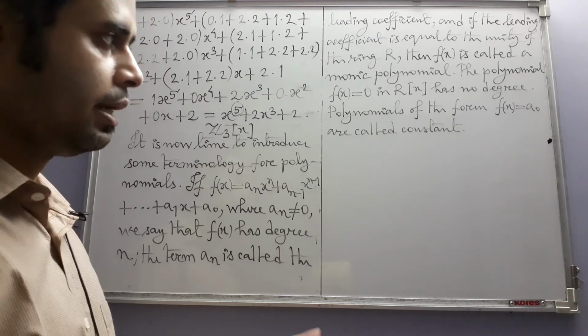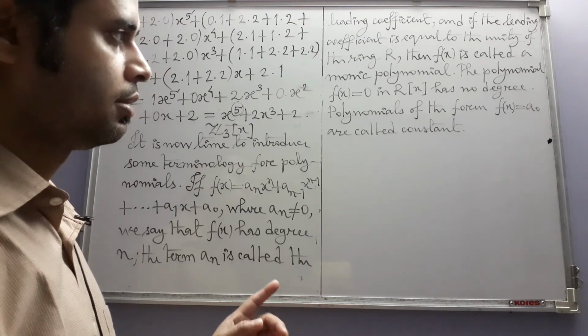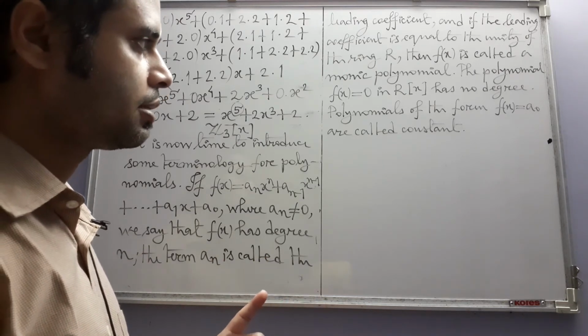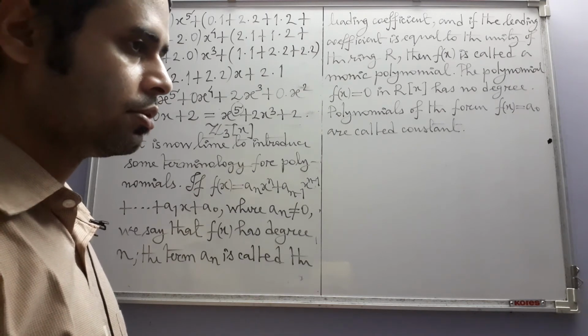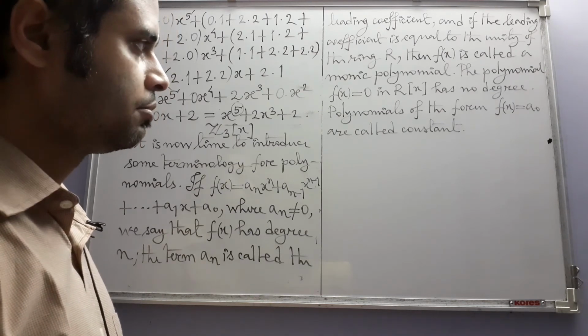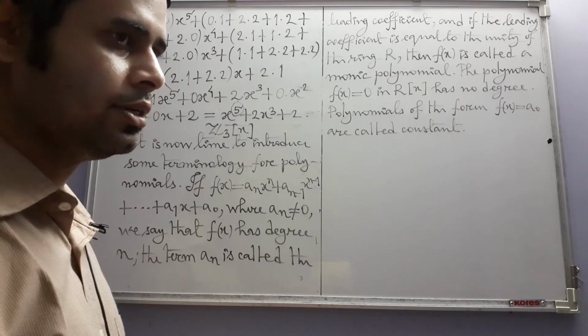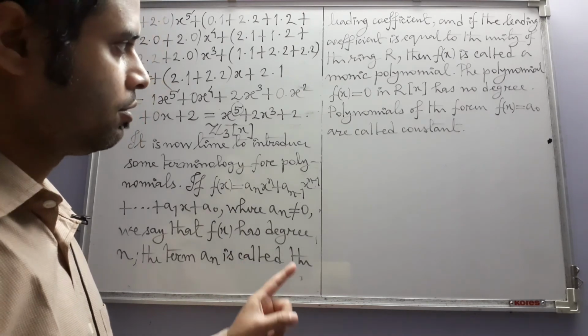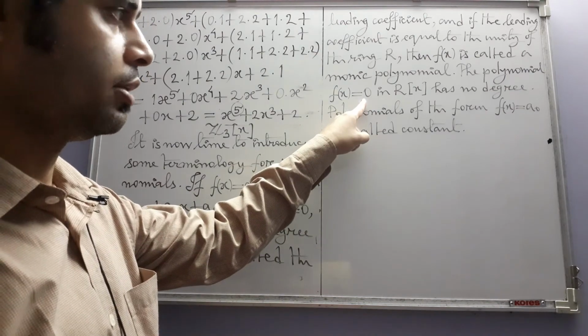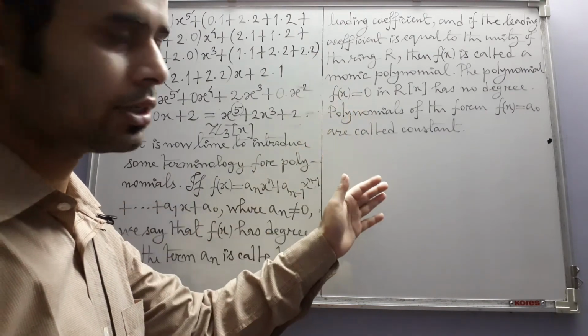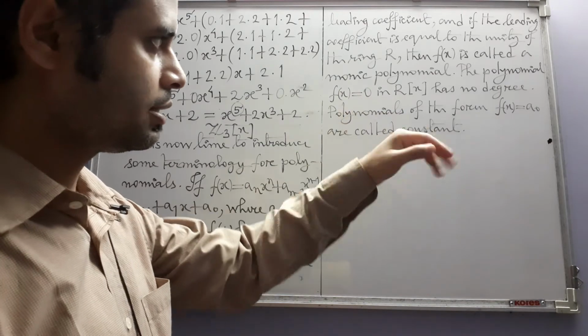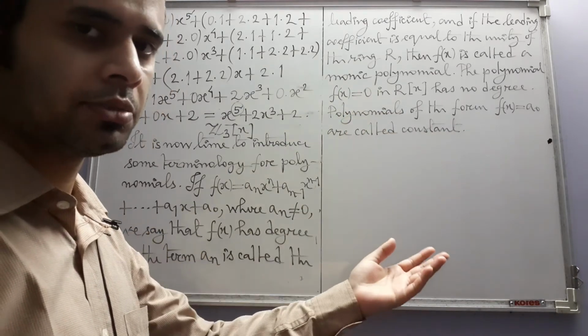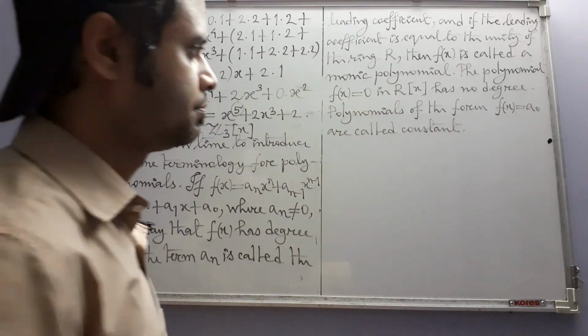That means a naught is of course a ring element. That means constant polynomials are precisely those polynomials which have degree 0. Either it has degree 0 or it is the zero polynomial. For the zero polynomial there is no degree, but if this constant is non-zero, then that polynomial has degree 0.